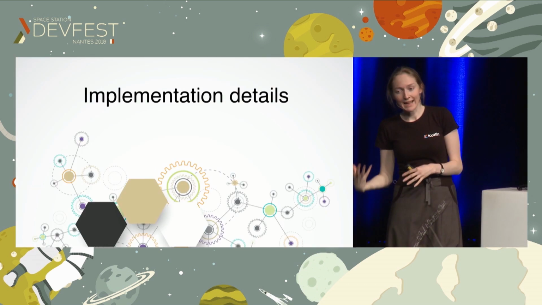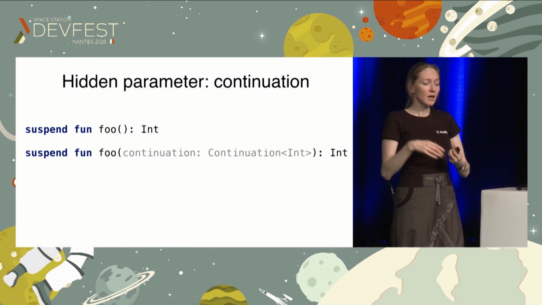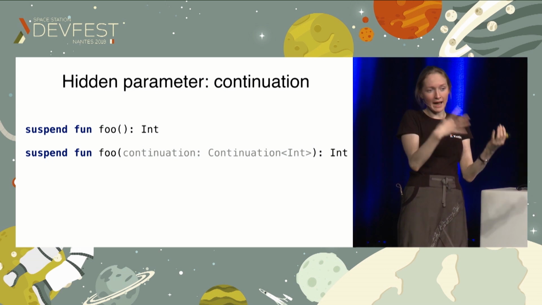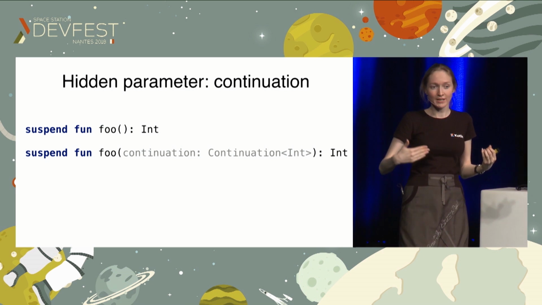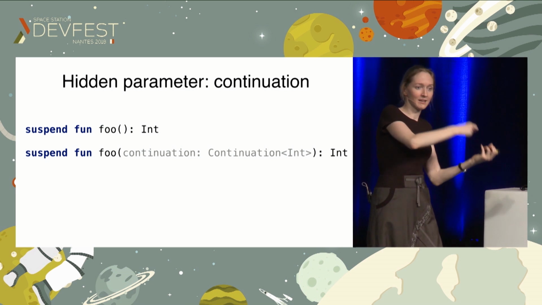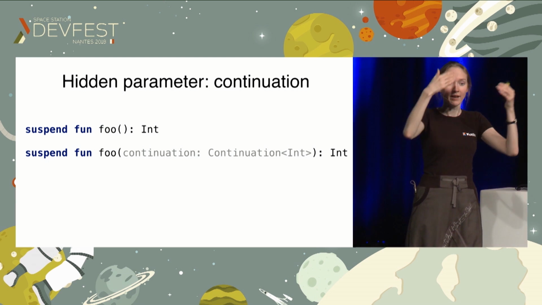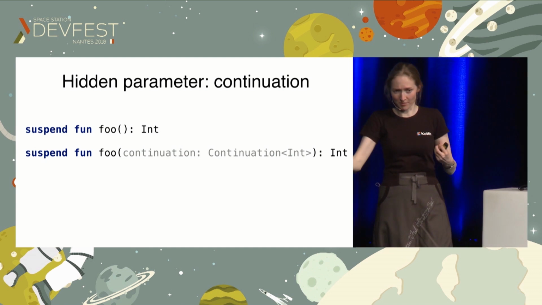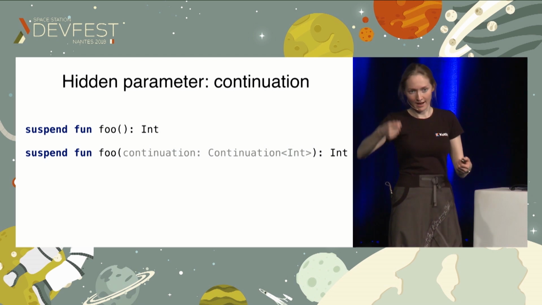Now some implementation details of how coroutines are implemented under the hood. Whenever you write a suspend function, at the bytecode level this suspend function takes an additional parameter, which the compiler automatically generates. If we look at continuation, it's a kind of generic callback interface.